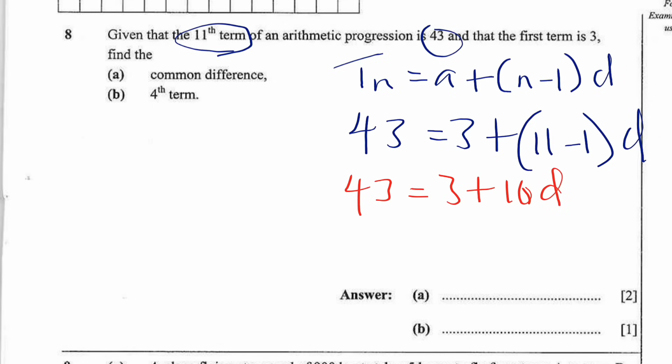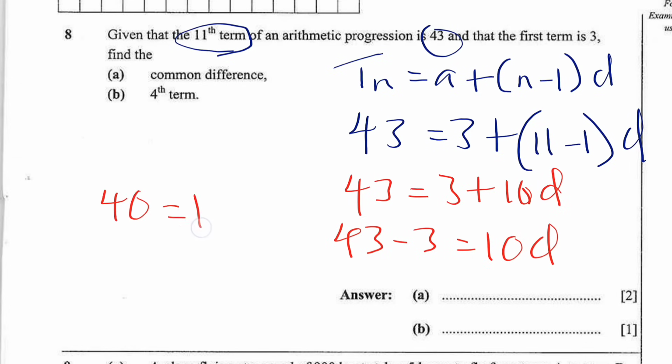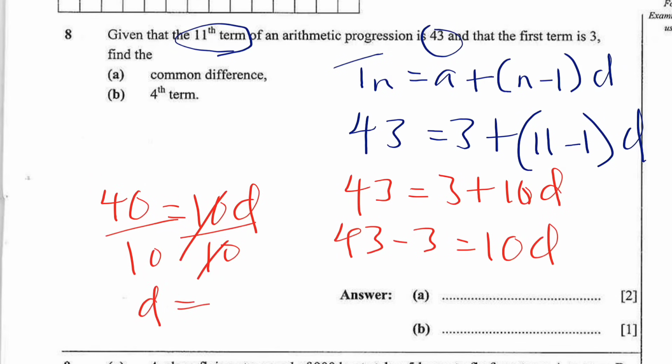Then you solve for d: 43 minus 3 is equal to 10d, because when positive 3 crosses the equal sign, it becomes minus 3. So 43 minus 3 is 40, equal to 10d, over 10. So d is equal to 40 divided by 10, which is 4. The common difference is 4 here.